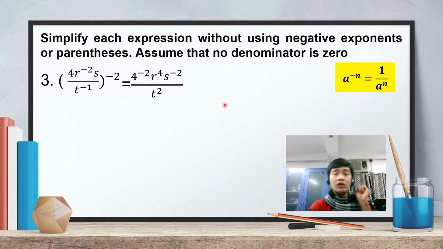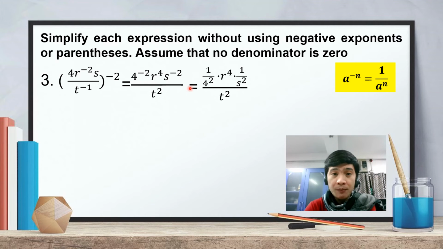Okay? So, step by step, gawin muna natin yung step by step kasi meron tong shorter solution. Applying this particular rule, dahil may mga negative exponent doon sa ating numerator, pwede nating sabihin na 1 over 4 square times r raised to 4 times 1 over s square, all over t square.